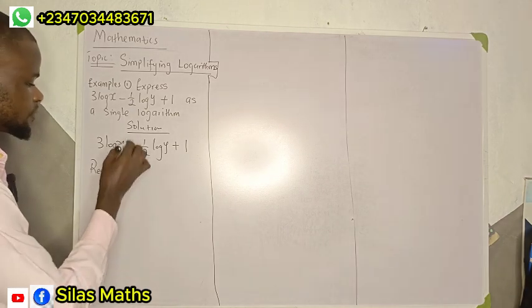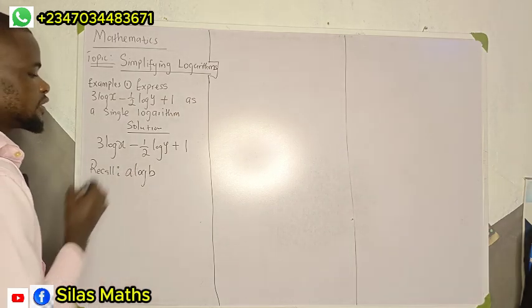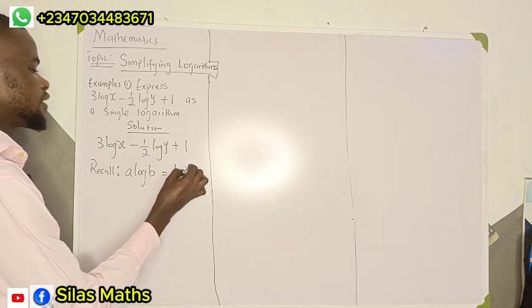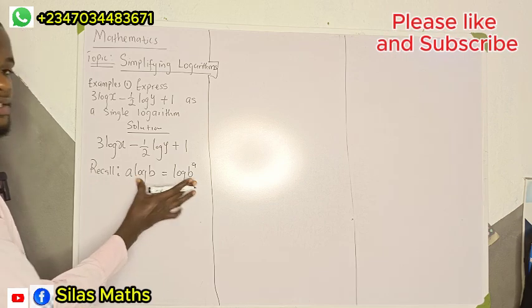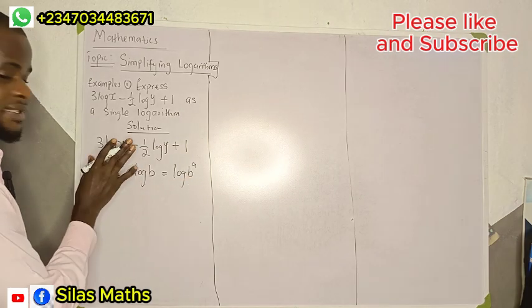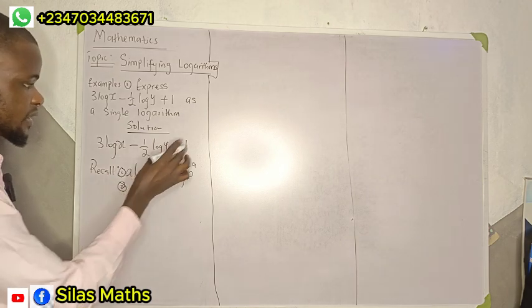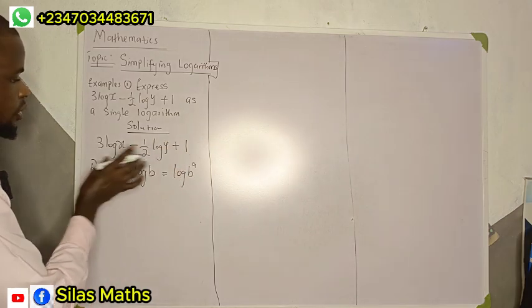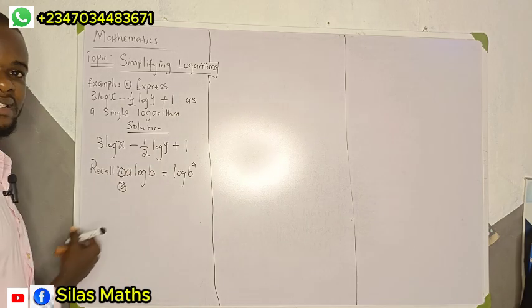that a log b is equal to log b raised to the power of what? A, right? Yes, this is equal to this. Secondly, remember that since there is no base here, it simply means that all of them are in base 10.